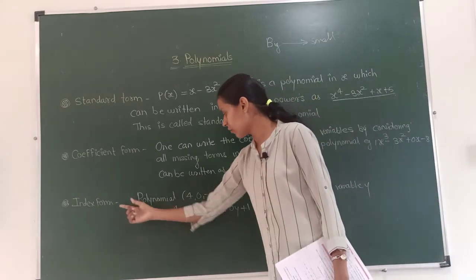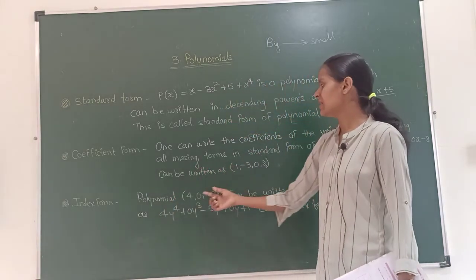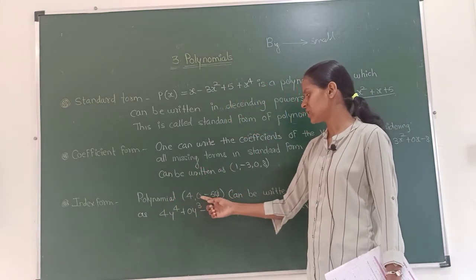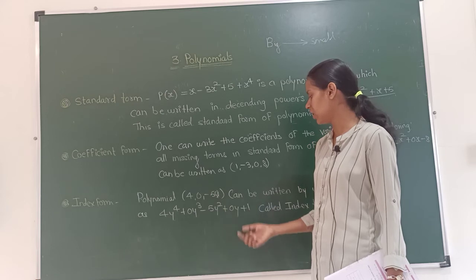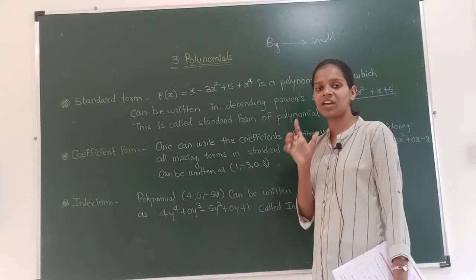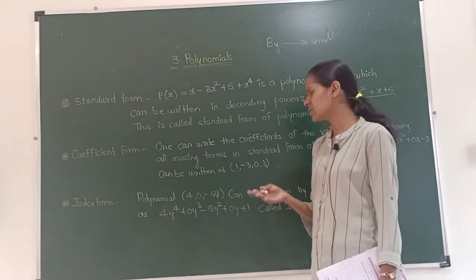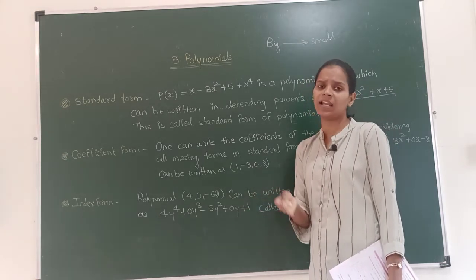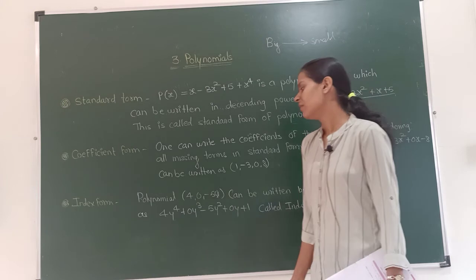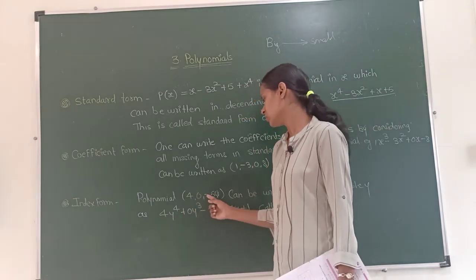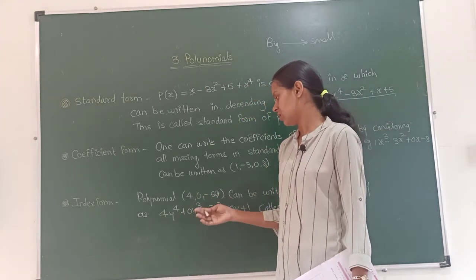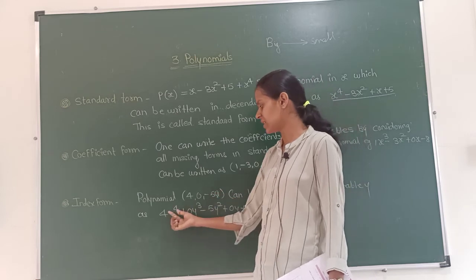After that, index form. For the polynomial whose coefficients are 4, 0, minus 5, 0 and 1, it can be written by using variable y. They can tell us to write by using variable x, m, whatever it is. What we have to do is count: 1, 2, 3, 4, 5.